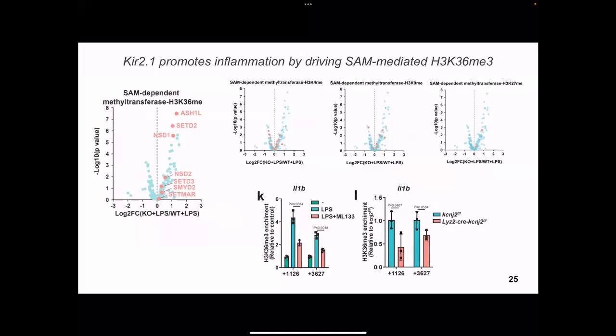To assess the epigenetic consequence of the limited SAM generation, we analyzed the expression of about 200 annotated SAM-dependent methyltransferase enzymes, and we found a remarkable upregulation of all methyltransferases for histone 3 lysine 36 methylation compared to those for other methylation marks.